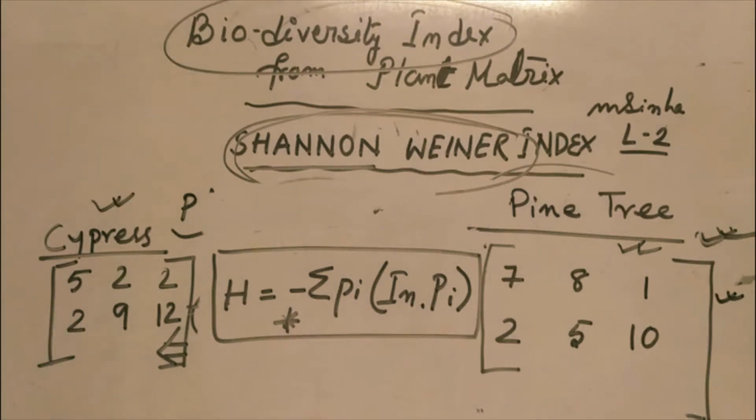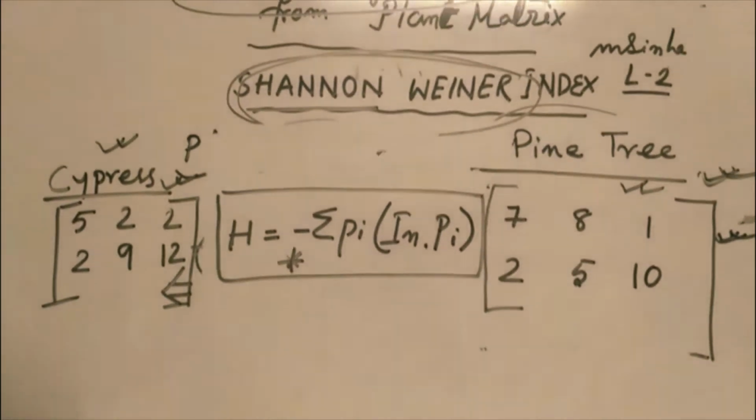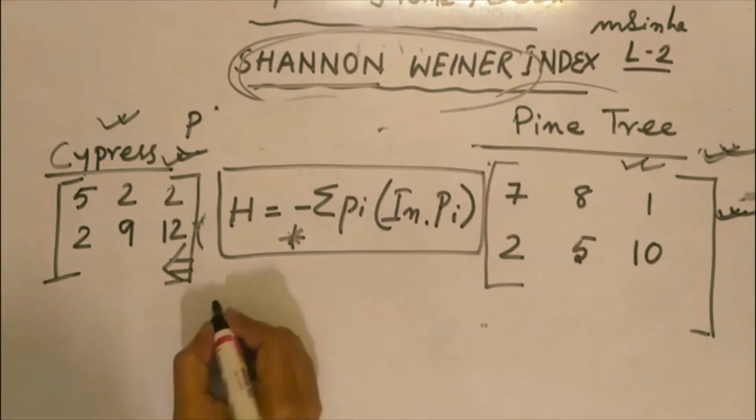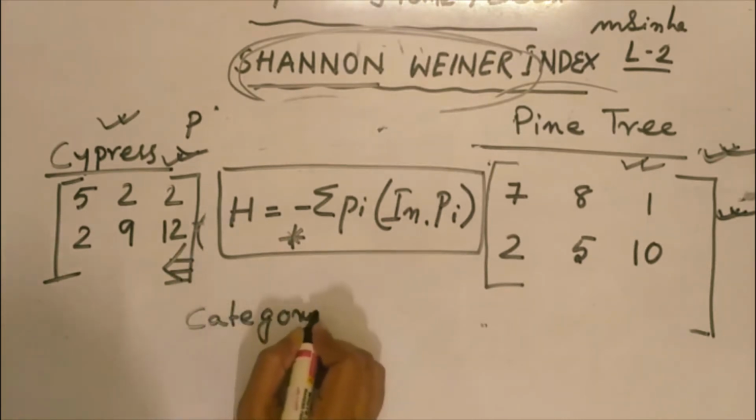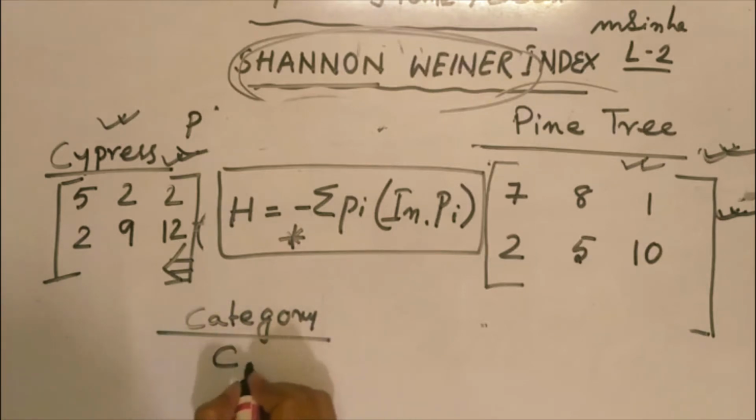In the last class I told you, from any set of matrices anyone can derive the biodiversity index. Here for convenience, we are preparing the calculation table. Suppose this is the category, cypress tree and pine tree.